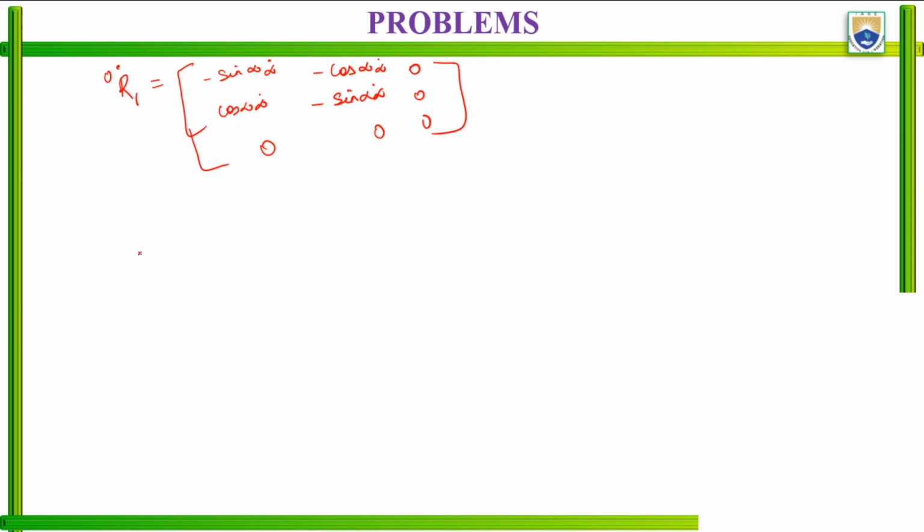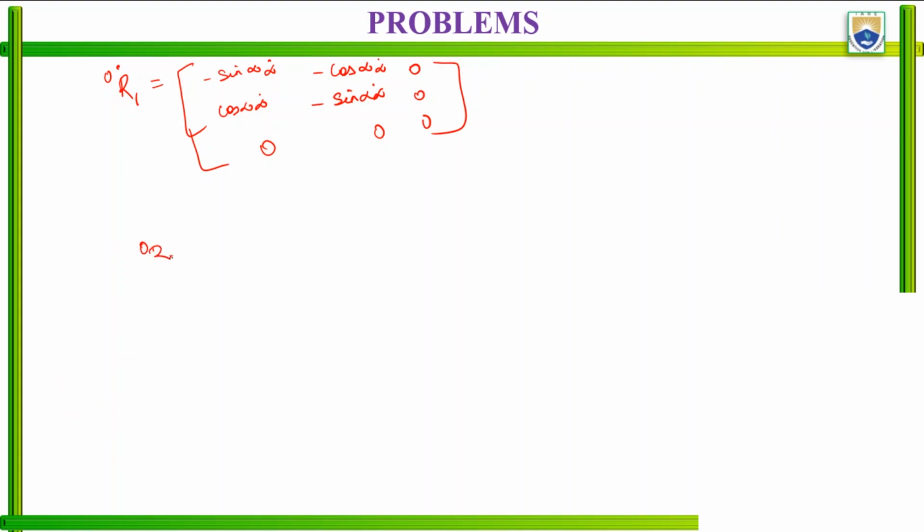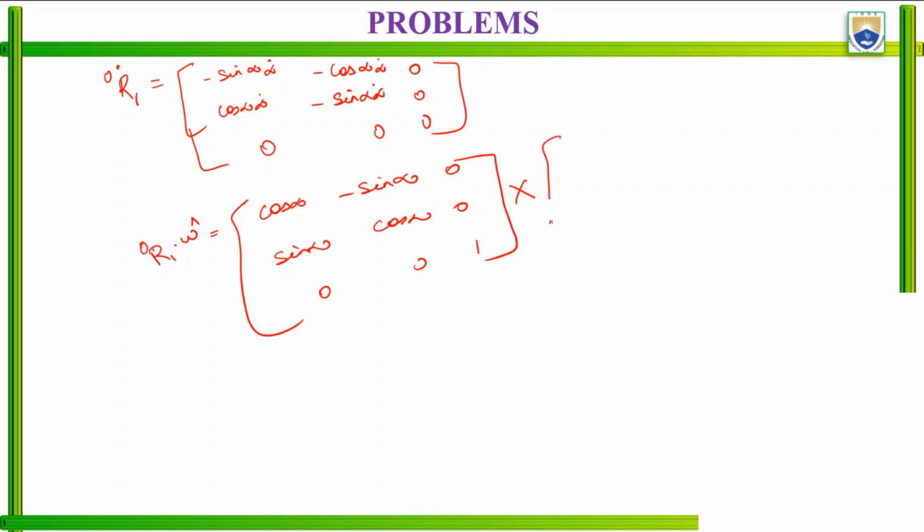Now with respect to the angular velocity, this is written as R1 into omega, which will be equal to cos alpha, minus sin alpha, 0; sin alpha, cos alpha, 0; 0, 0, 1 into the omega matrix.